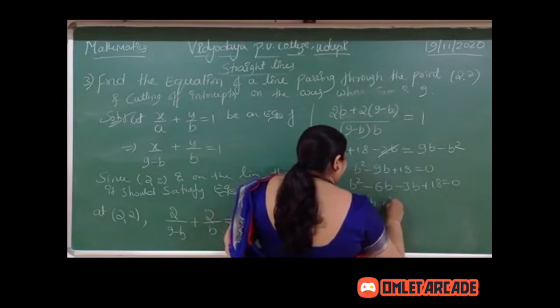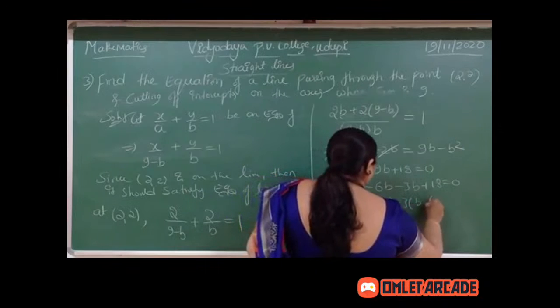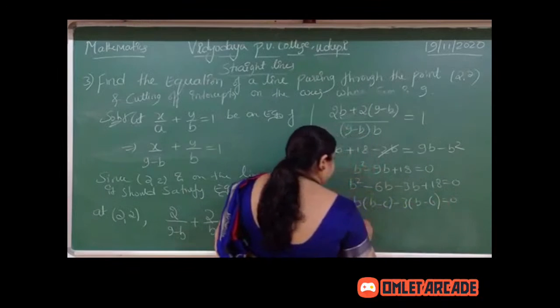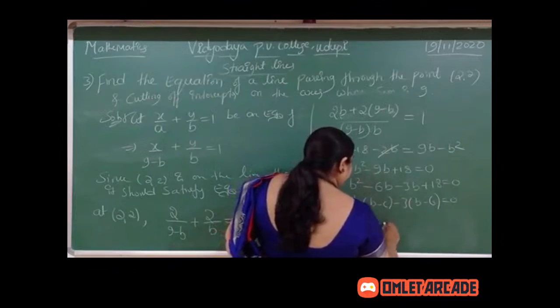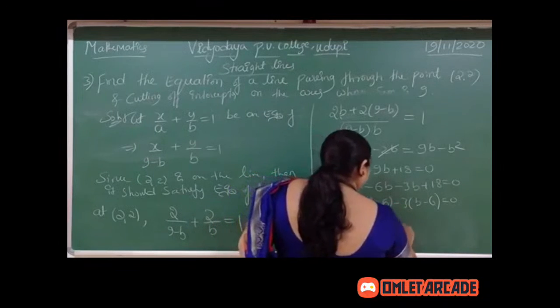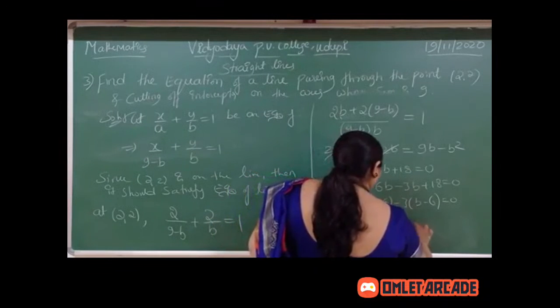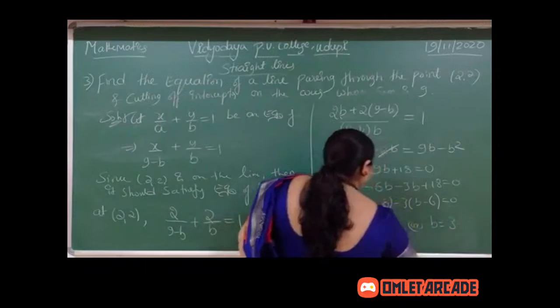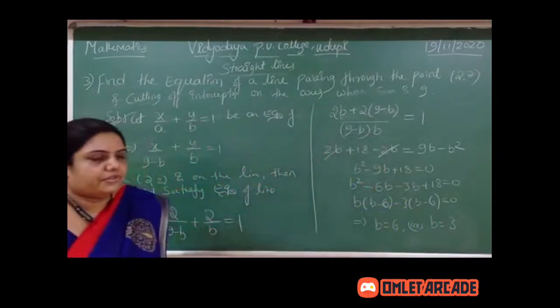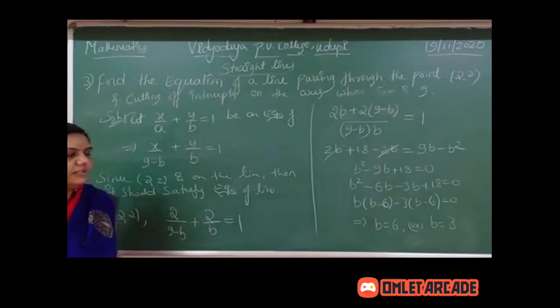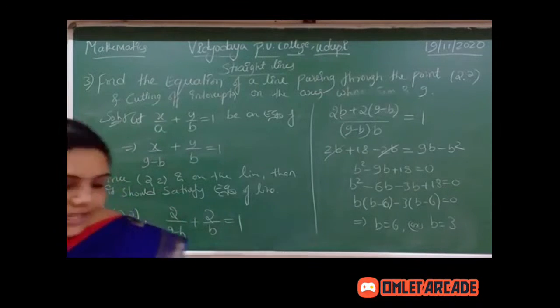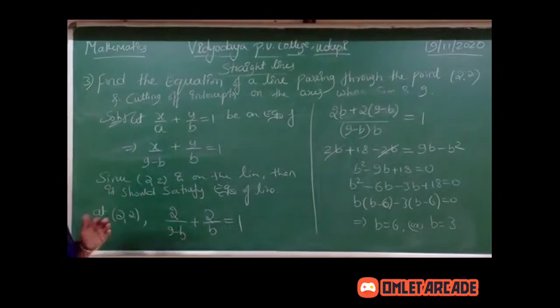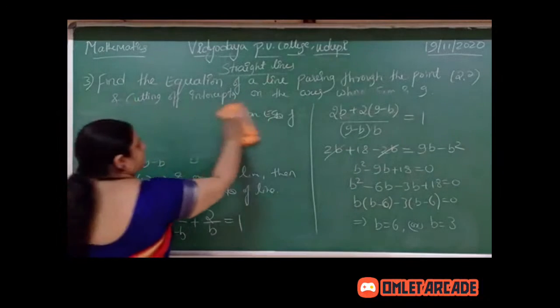I hope you know this method. That implies b is equal to 6 or b is equal to 2. So we have two values of b, 6 or 2. Once you get the b value, you know how to find a because we have a relation between a and b, isn't it? I hope this is over.